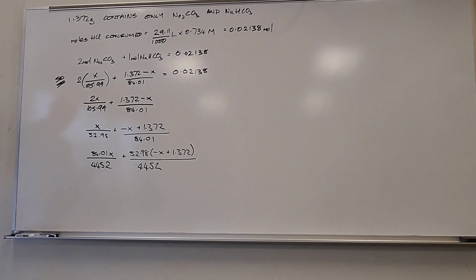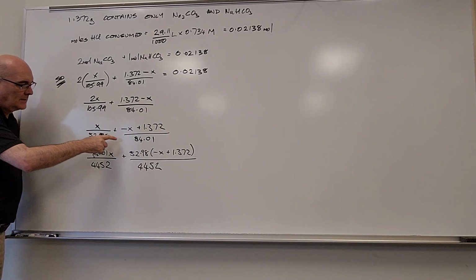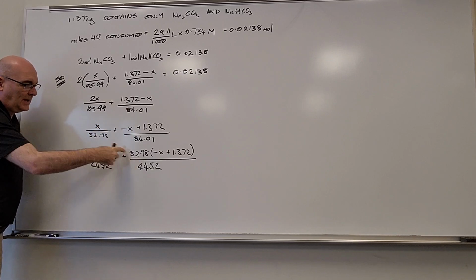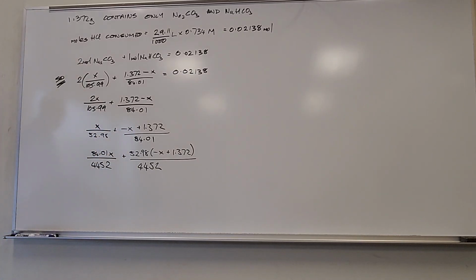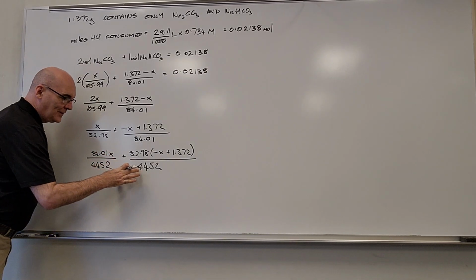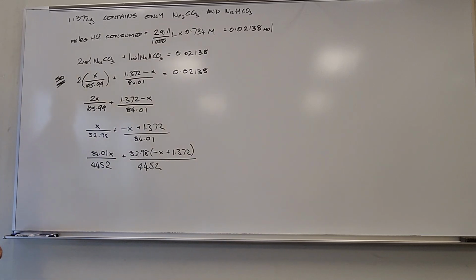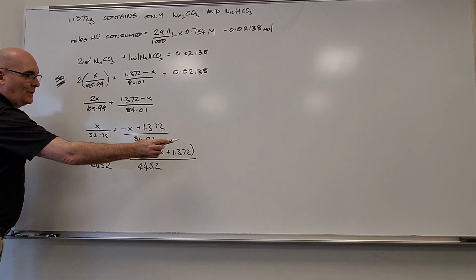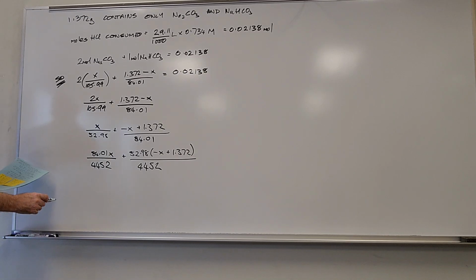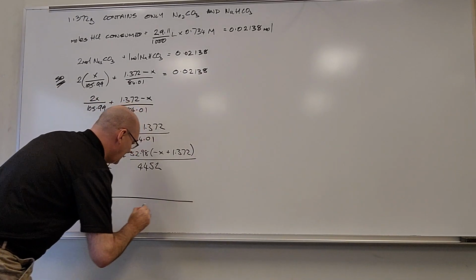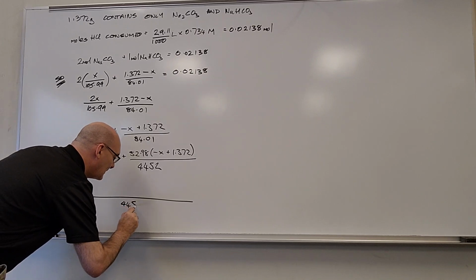Which is that number by that number, right? Okay. 53 times 84 is 4,452. Okay. Now that they both have the same denominator, they can all go on one line. So the next thing is 44, 52.